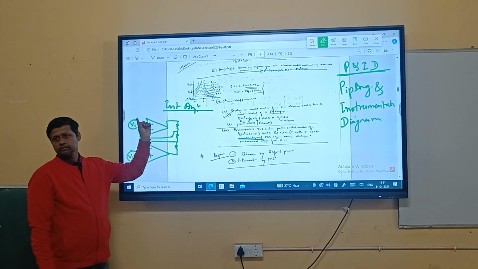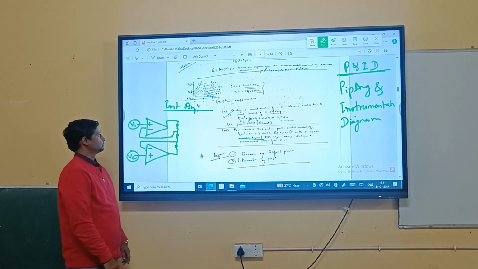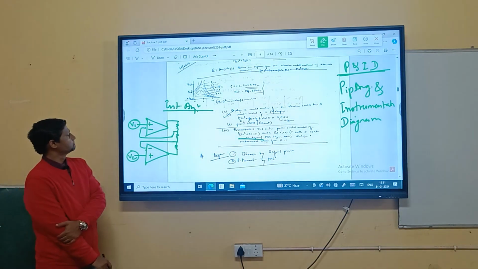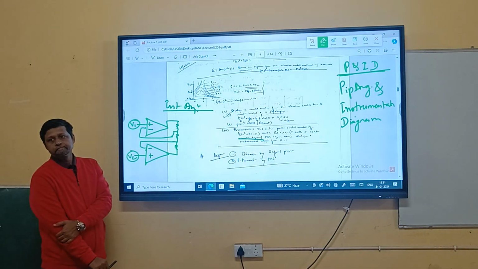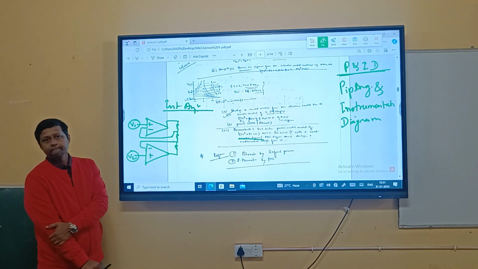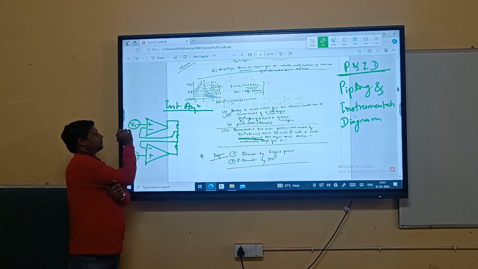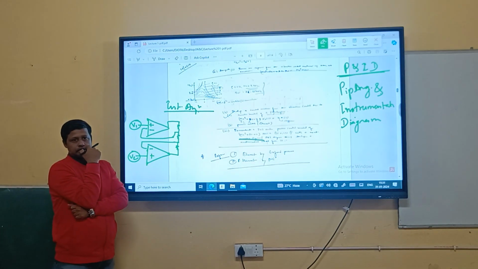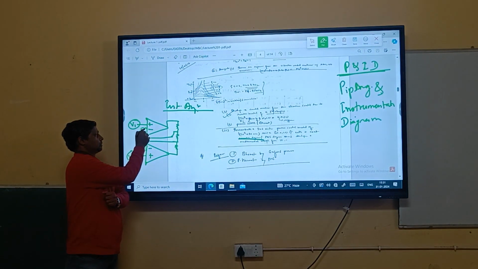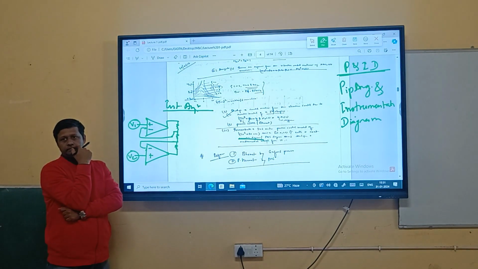What is the gain of this? Gain. What is the voltage input here? What voltage can I measure here?